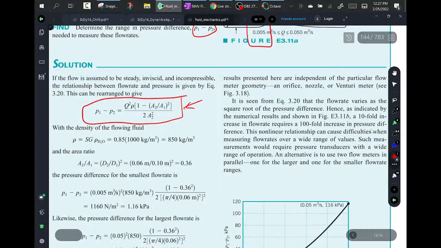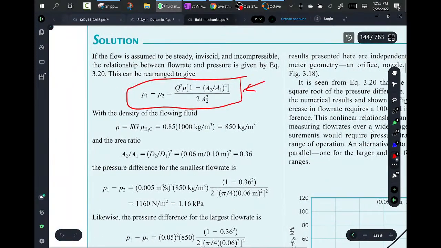Okay, this is something you might want to pay attention to. This seems to be a problem with a lot of people. Take the density of water and the specific gravity of the fluid that you're in, to get the density of the fluid that you're in.